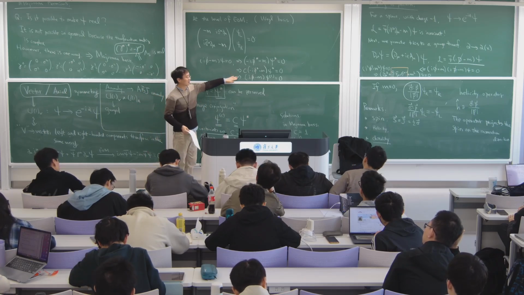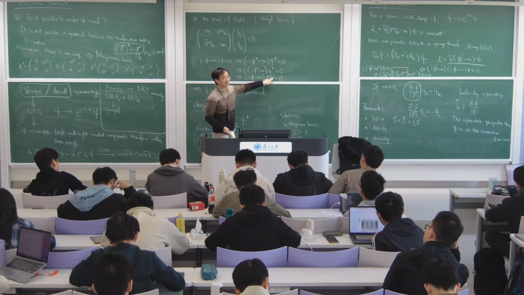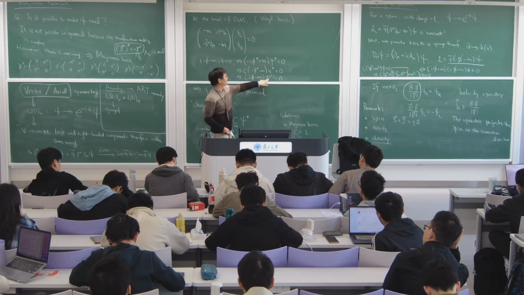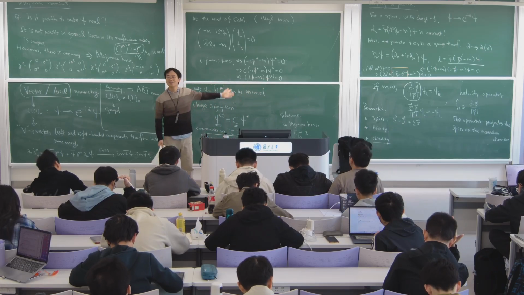From here, you can get here. So this is indeed justified. The psi c, which is the charge conjugate partner of psi, indeed satisfies the same equation of motion. It's an easy exercise to check.